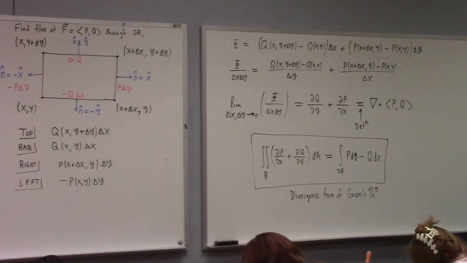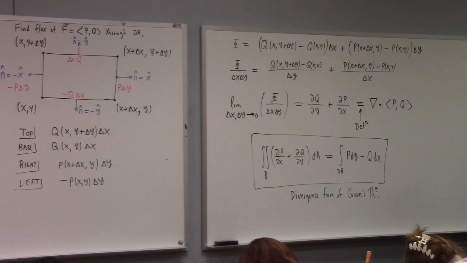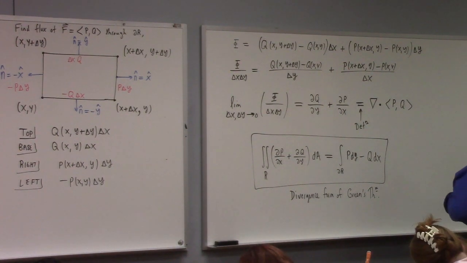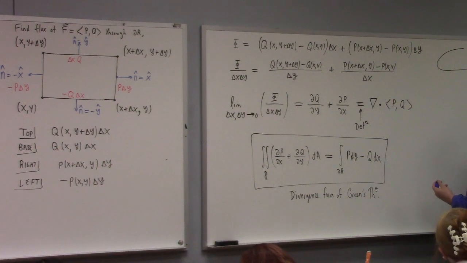Now, I've just derived it for a little rectangle. What if your region's not a little rectangle? How does this argument scale, let's say? Suppose your region looks like this.